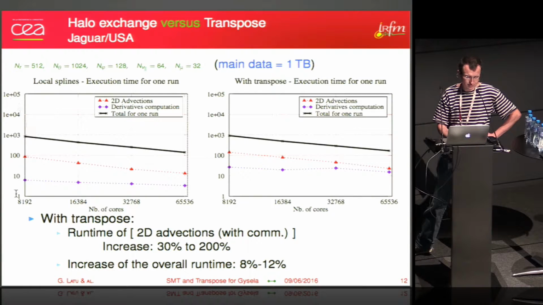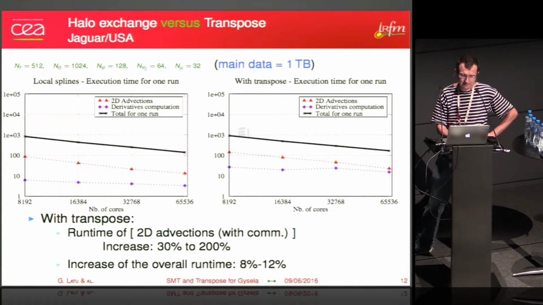In ordinate, you have the time spent for the total simulation in black solid line, and for the 2D advection in red. And you see that with halo exchange compared to the transpose approach, the red line is going up, so we have an overhead with the transpose approach due to the communication.